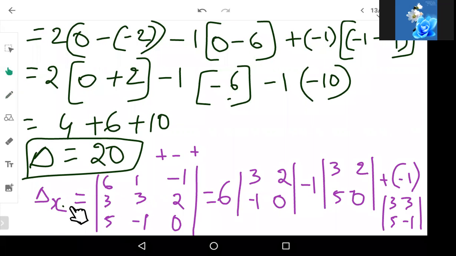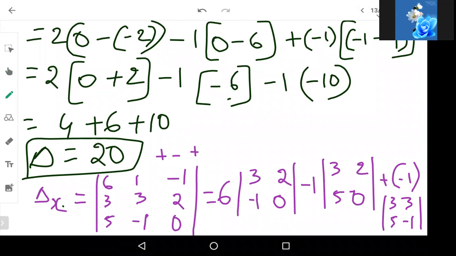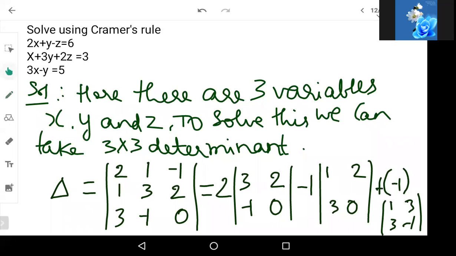Now let us find delta y. I'll again change the color for your understanding. So in delta y, again we have to find the determinant. Now how do we form the determinant for delta y? This is the basic determinant.